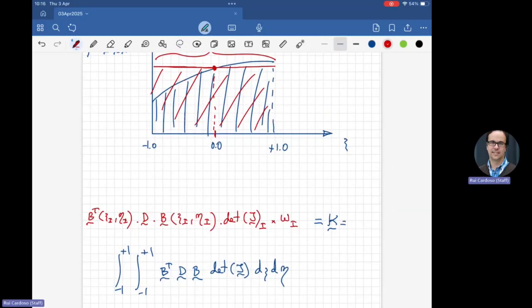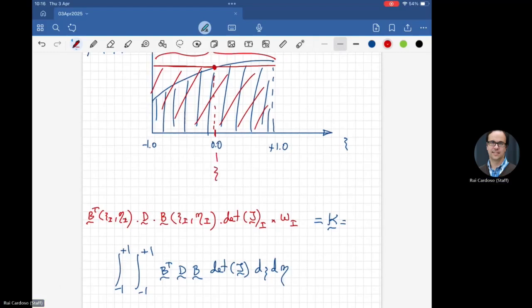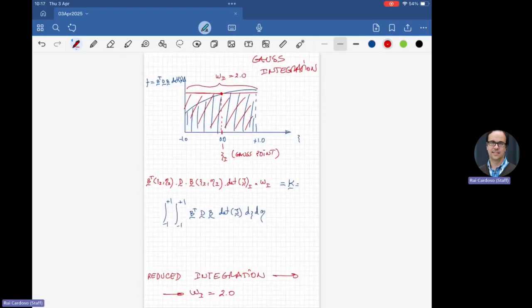The Gauss points are these points where we evaluate our functions.